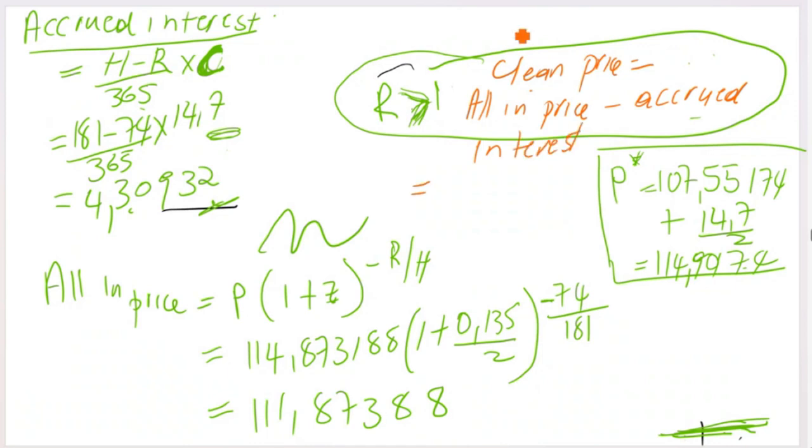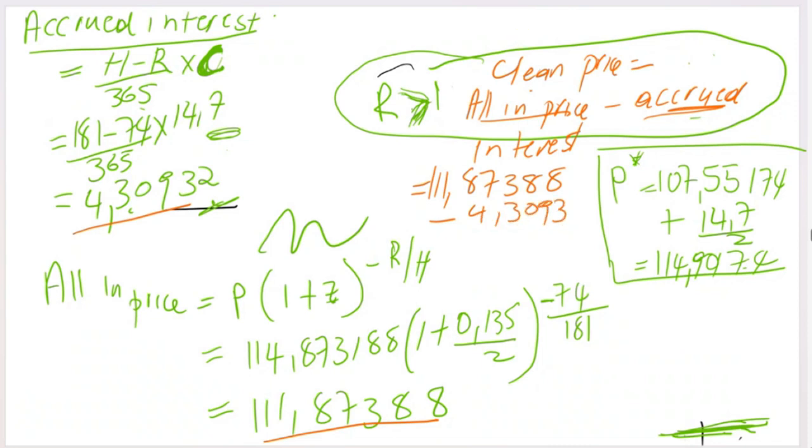So your answer there is going to be, you take your all-in price. Our all-in price is this amount, 111,87388. What is your accrued interest? It is this, which is 4,30932.